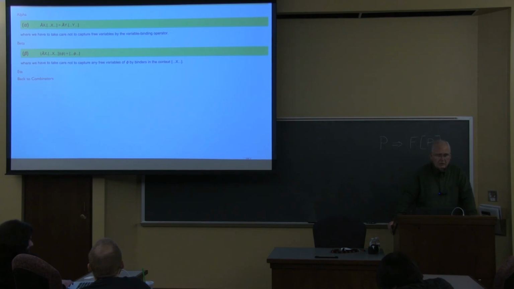The second rule, named by Curry, is the beta rule, which says if you have removed a variable from an expression and you apply it to an argument, and now from now on I'm going to be using round brackets for application, since I'm not going to use Mathematica anymore.